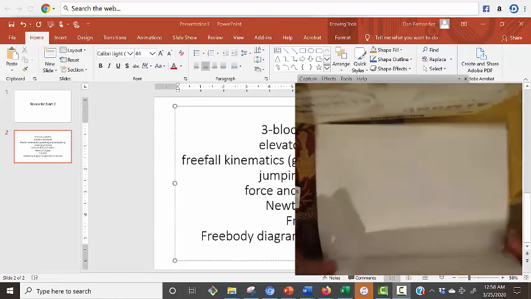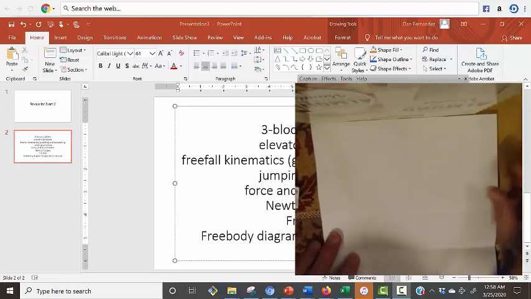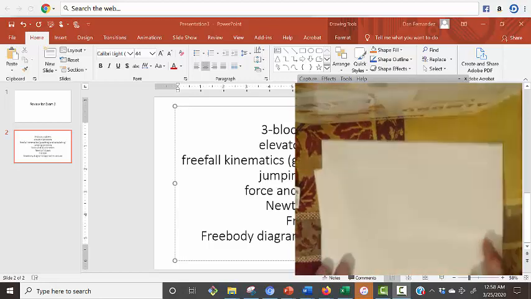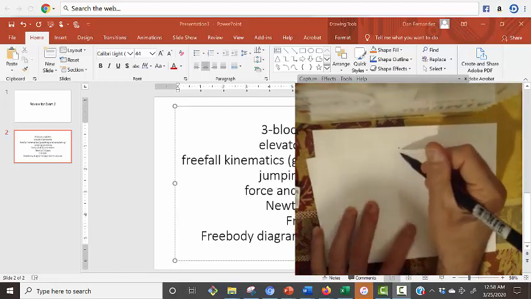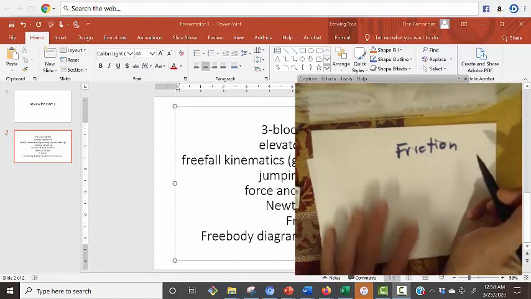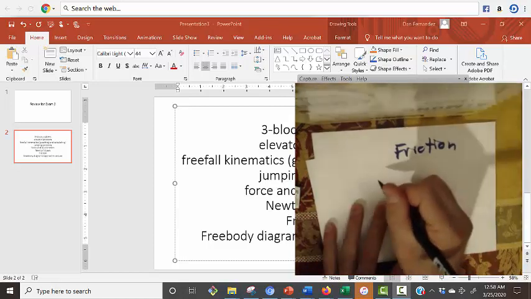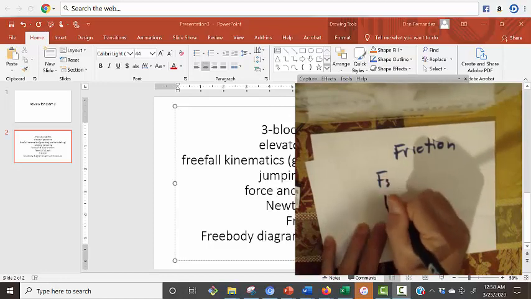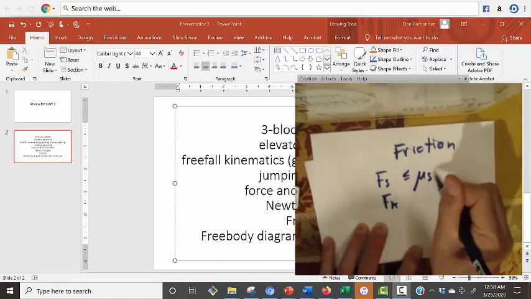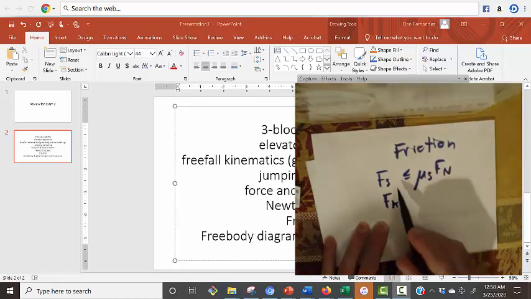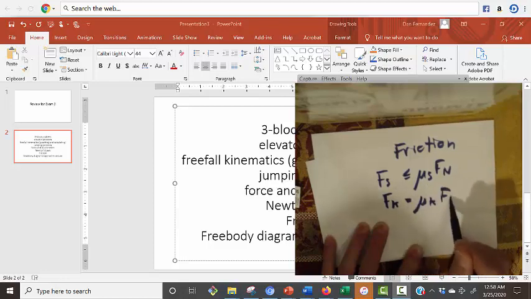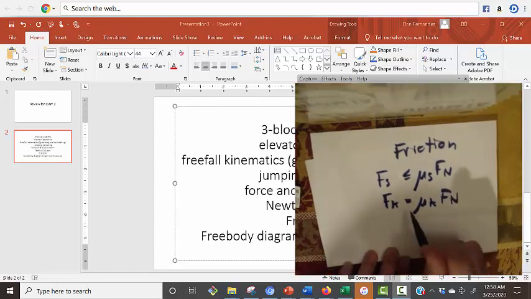And then one of the last things we talked about was friction. Friction, of course, there's two kinds. There's static friction and there's kinetic friction. Static friction has that equation, and kinetic friction is this one. And friction is really just another force.